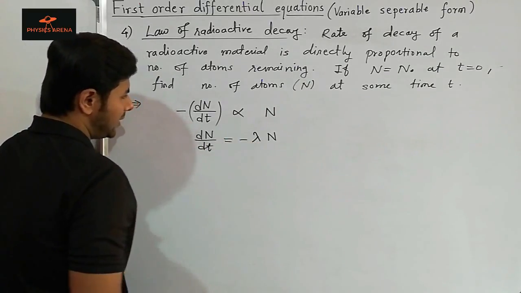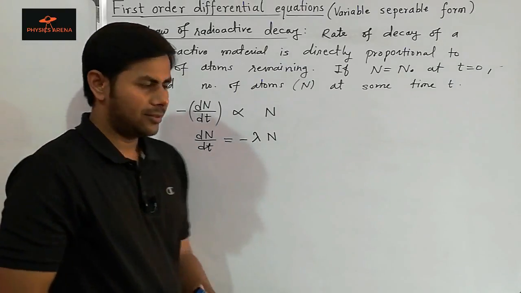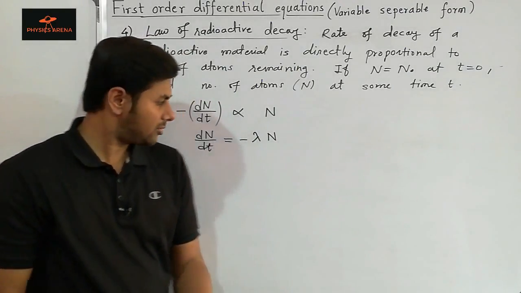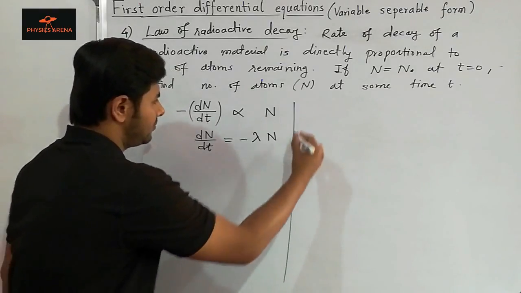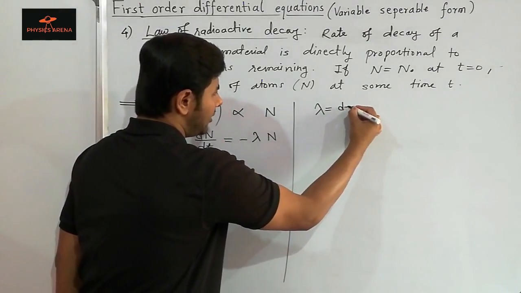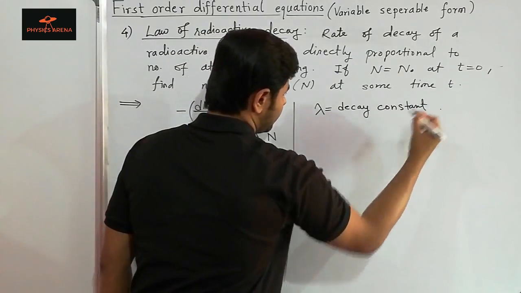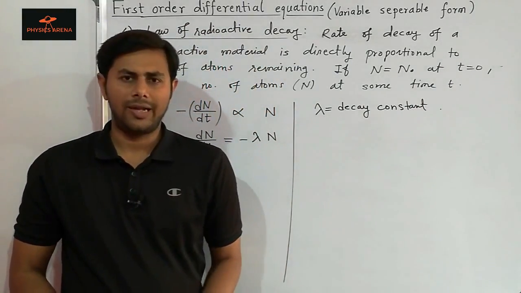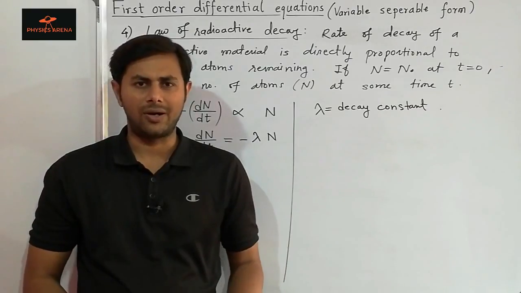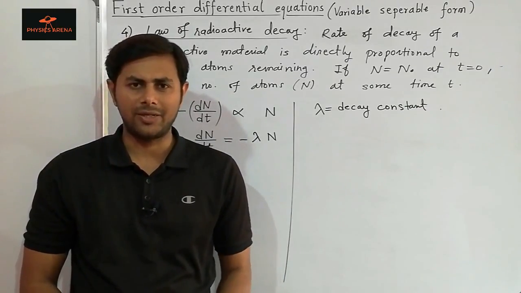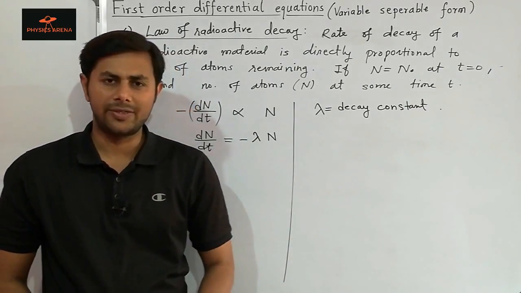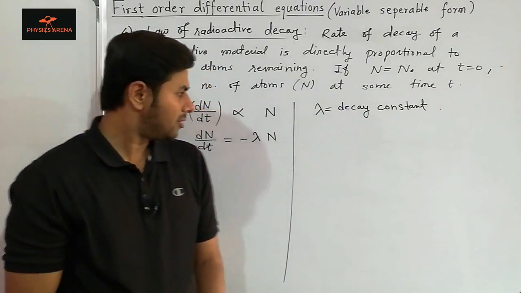Let me take that minus sign on the other side. Now this lambda is called the decay constant. So lambda is the decay constant, and it is characteristic of a particular radioactive material, so it is going to be different for different materials.